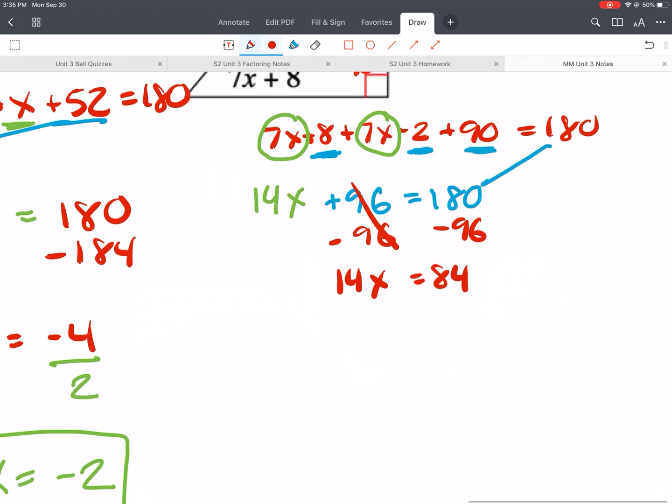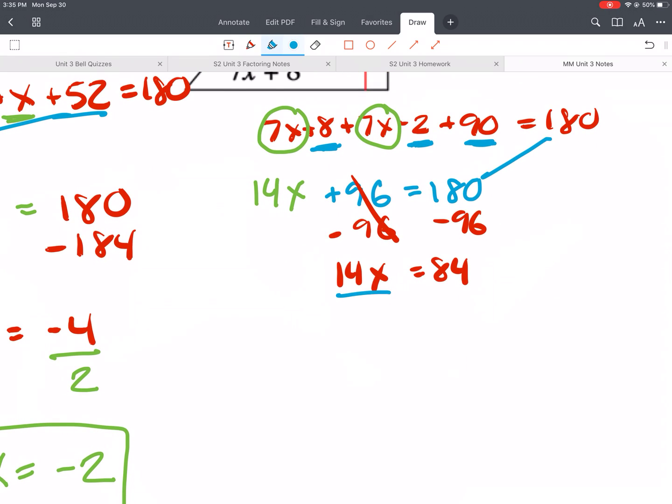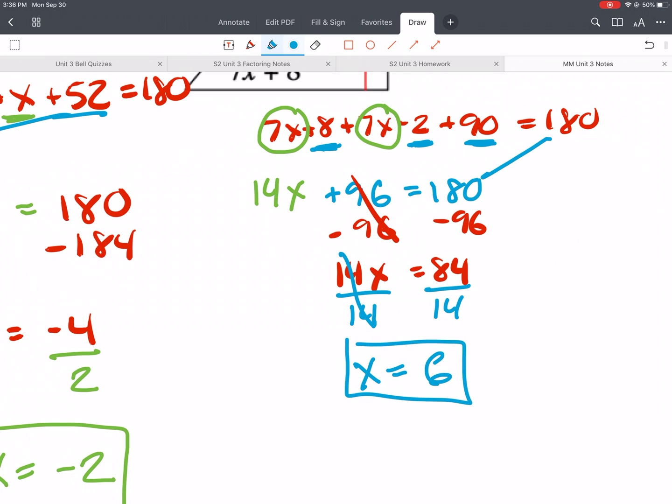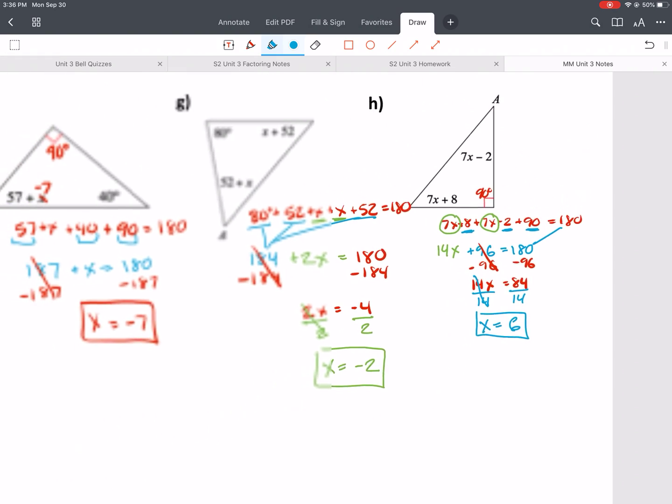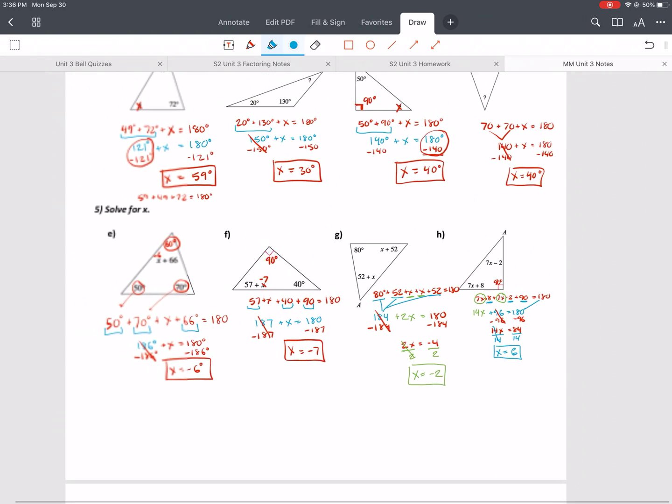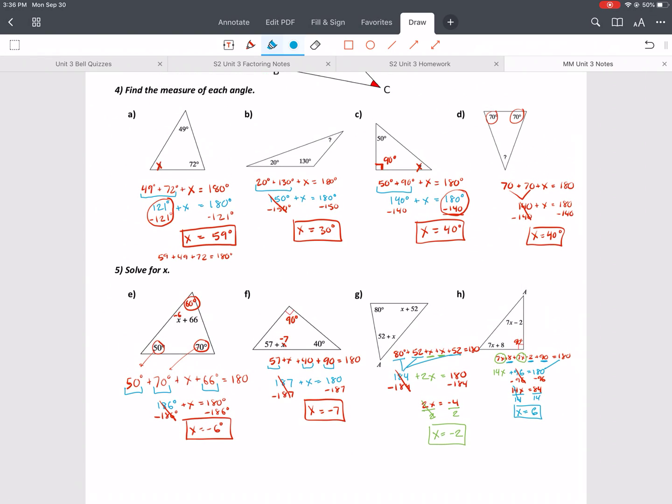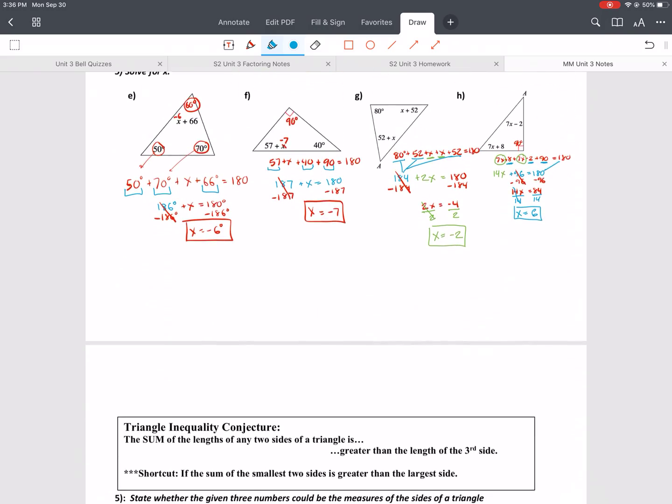Okay, and then we'll just divide both sides by 14. And you'd end up getting x equals, we use our calculator, and we get 6. Okay, so that is solving for angles or for x, depending on what they're asking for. If you have any questions for that, let me know.